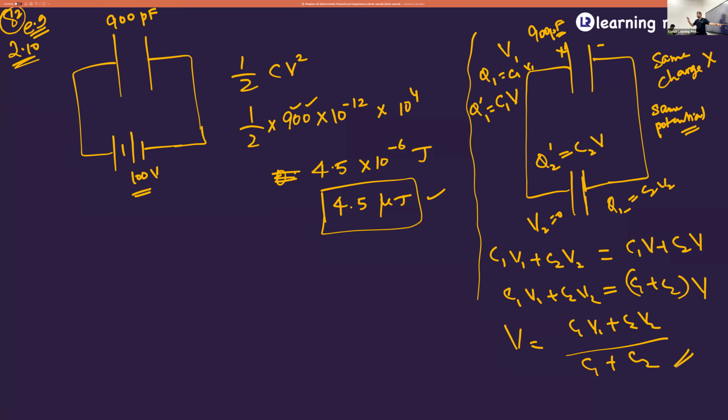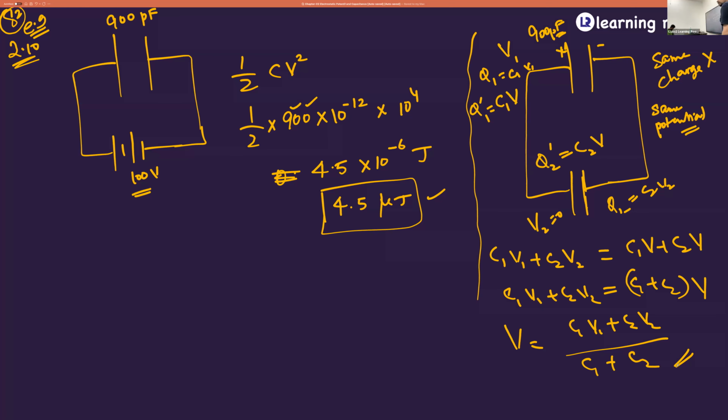I'm not talking about picofarad. So 900 into 100 plus C2, how much? What is the next capacitor that is connected? In the question, it is connected to an uncharged capacitor of the same value.